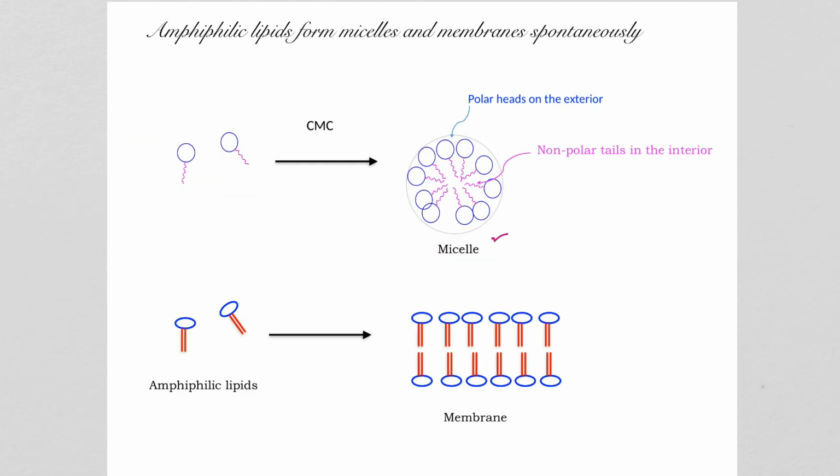So why is this structure preferred when the CMC is exceeded? That's because now the water can simply face the polar heads, and the water doesn't have to try to hydrogen bond with the tails, which it doesn't like to, because it cannot. Tails are hydrophobic. So now the water molecules are on the outside, away from all the tails, which are all gathered inside the micelle.